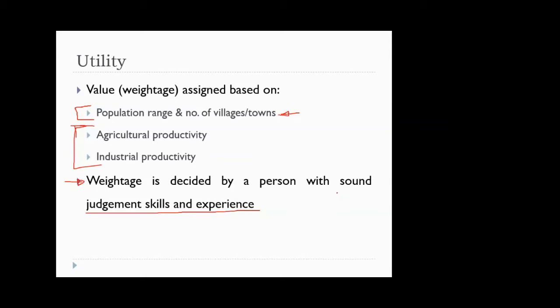If you are understanding that subject very well, you might know that many times quality in a system is inherent because you have some people in the system who have very good judgment skills and a vast experience. Similarly in highways also, there are people who have been in the industry for the past 2 or 3 decades. So based on their judgment, experience and research, the weightage is decided.